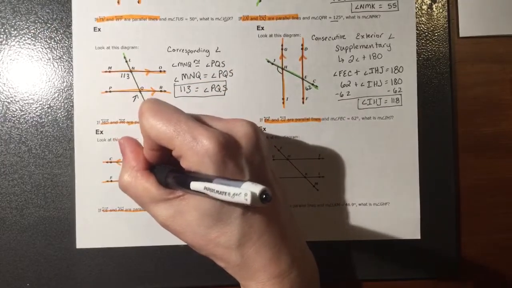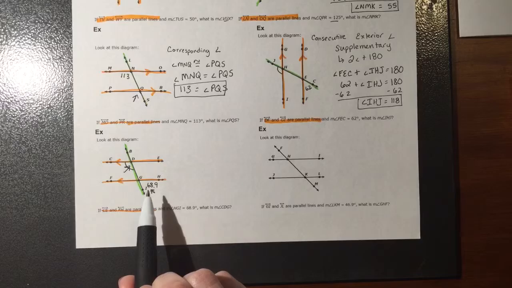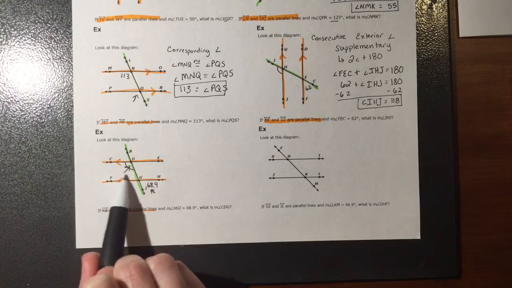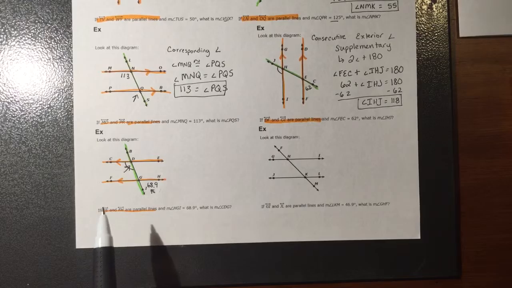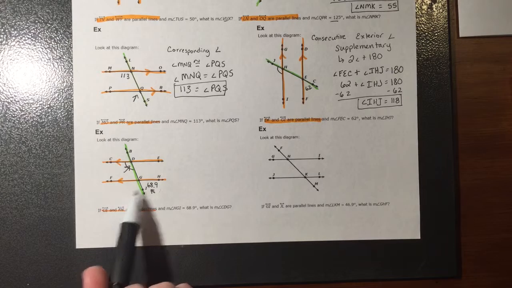So we're looking at that angle and comparing it to that one. Well, if I'm looking, I have this angle on the outside and that angle on the inside. So the only one that'll work for that one would be corresponding angles. But in order for it to be a corresponding angle, it would have to be on the same side of the transversal, on the same side of the line.